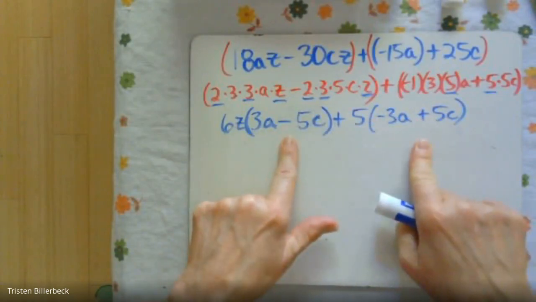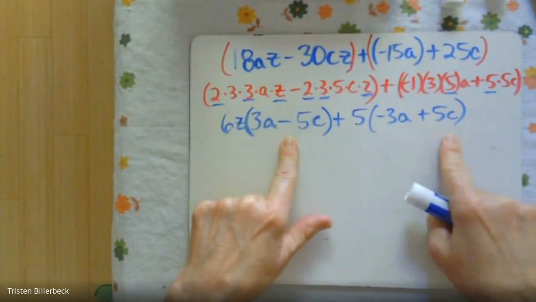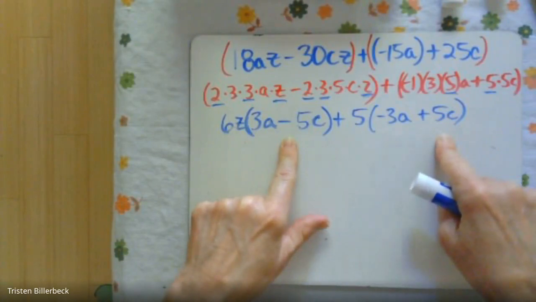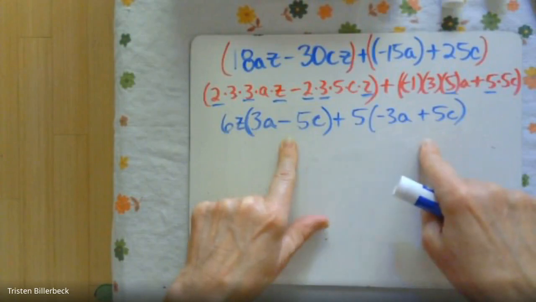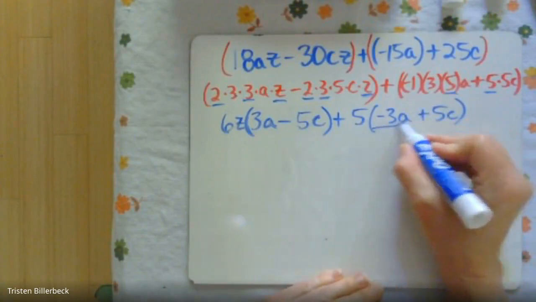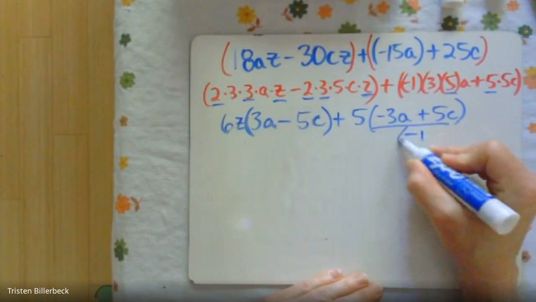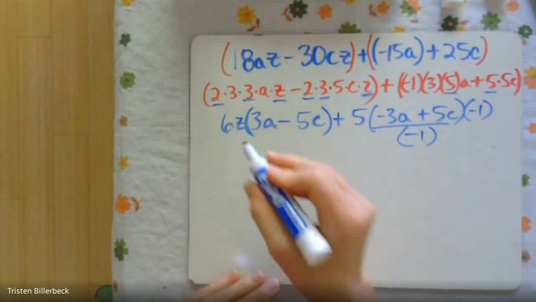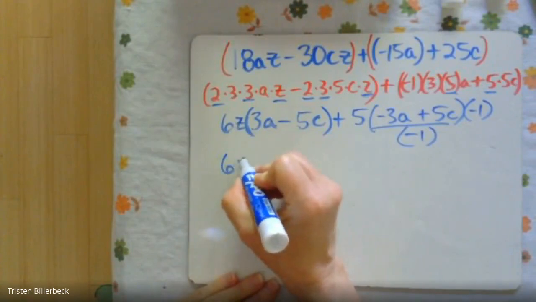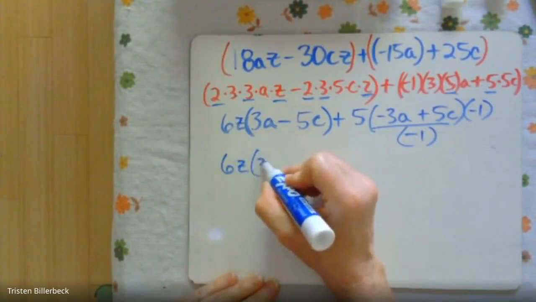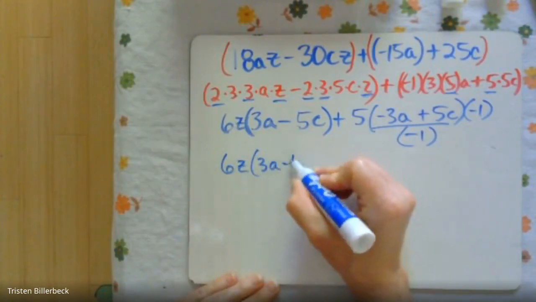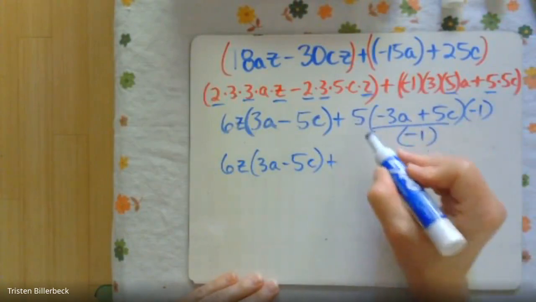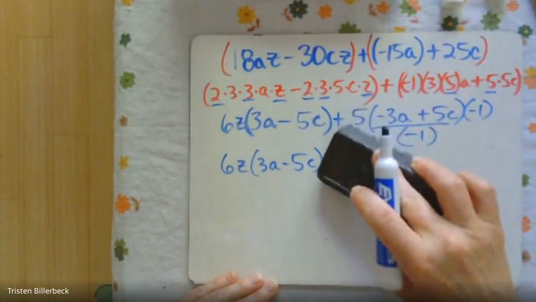And look how close those are. They're just missing a minus sign. If I'd taken another negative sign out, then that would have been the same. So let's divide by negative 1 right here. And when I do that, I'm going to multiply by negative 1. So that gives me 6z times 3a minus 5c plus, and negative 1 times 5 is a negative 5.